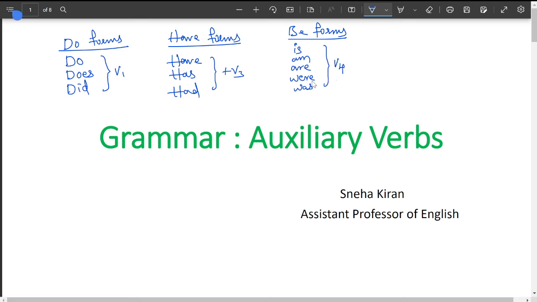Okay, next one. You have a few more. What are they? Modal verbs, modal auxiliaries. Modal verbs are, you can consider them as will, would, can, could, may, might, must. Okay, many modal verbs are there. You can once search all those modal verbs on the internet.